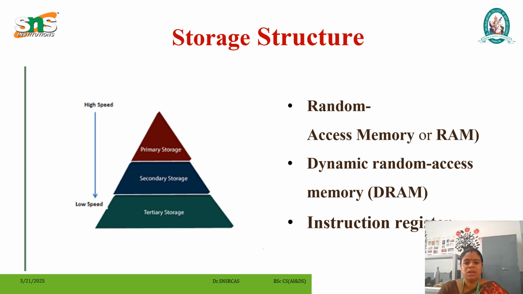A typical instruction execution cycle, as executed on a system with a von Neumann architecture, first fetches the instruction from memory and stores it in the instruction register. Ideally, we want the programs and data to reside in main memory permanently. Main memory is usually too small for this. Main memory is a volatile storage device that loses its contents when power is turned off or otherwise lost.